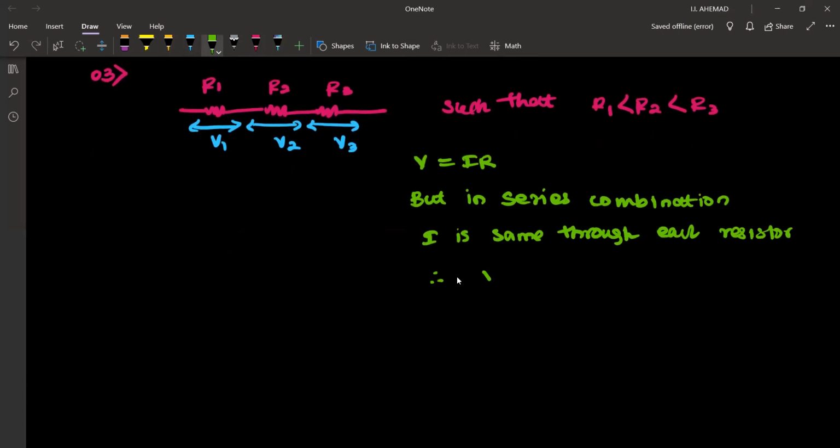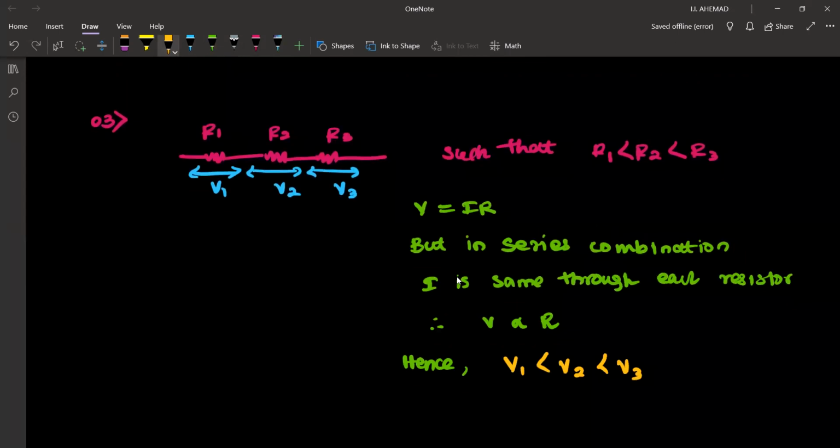Therefore, V is proportional to R. Hence, V3, V2, and V1 will be the decreasing order of potential difference. Is it clear up to this?